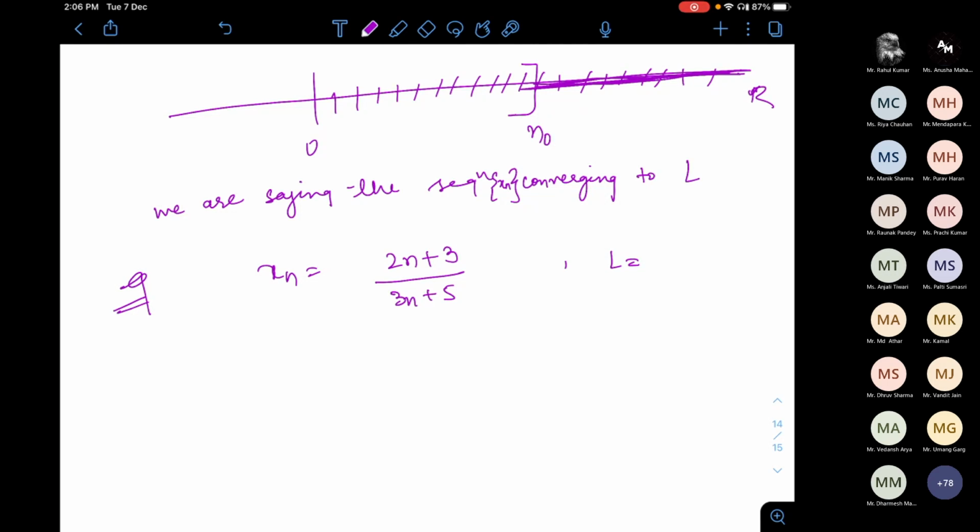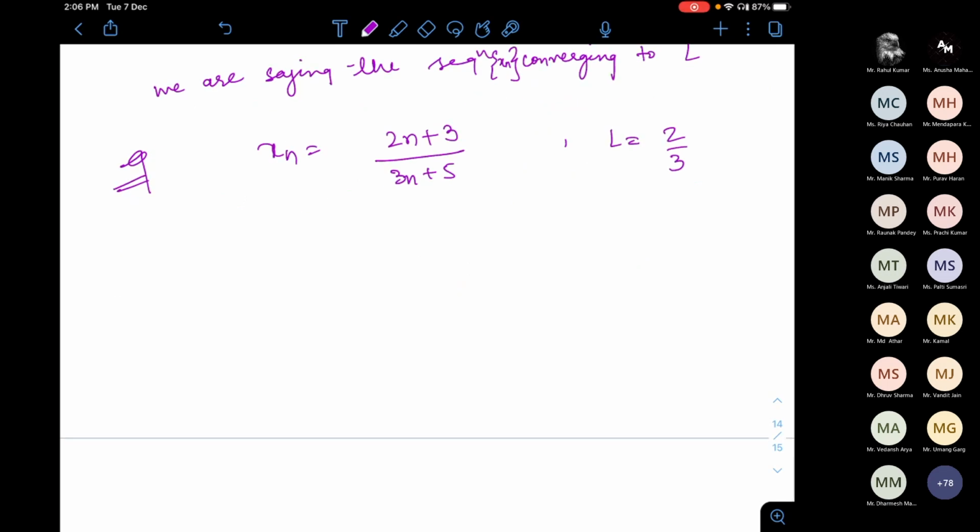But the epsilon delta definition comes when the function is defined on the real numbers, whereas in a sequence the function is defined on the natural numbers. So 2/3 is the limit.